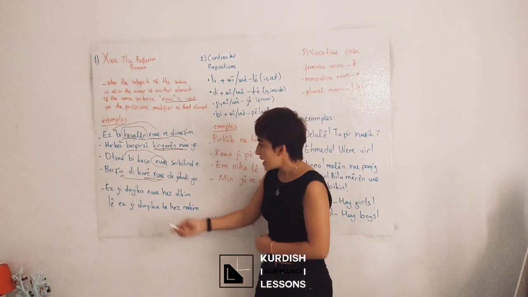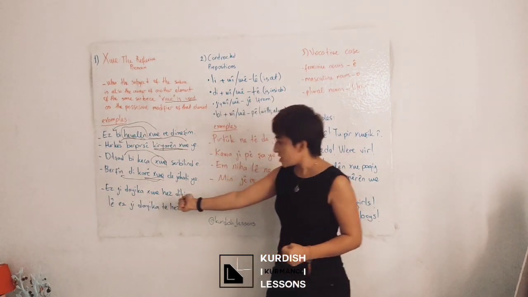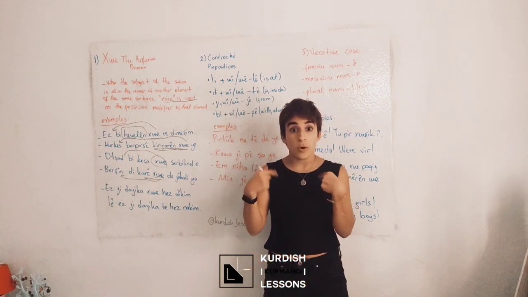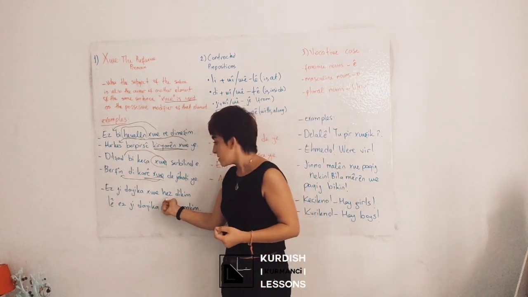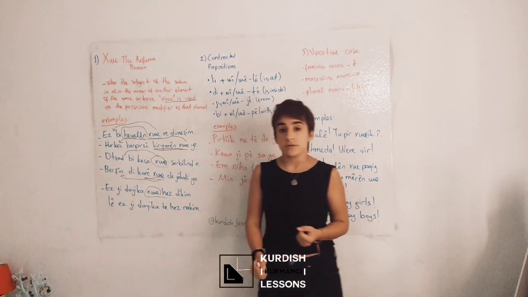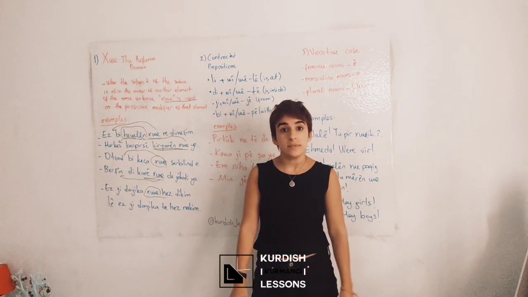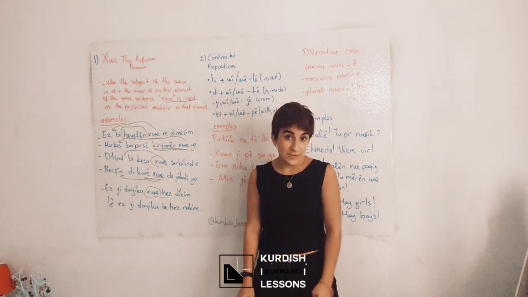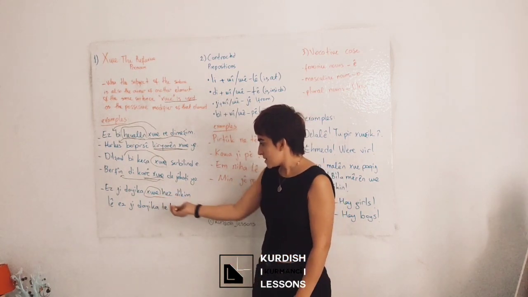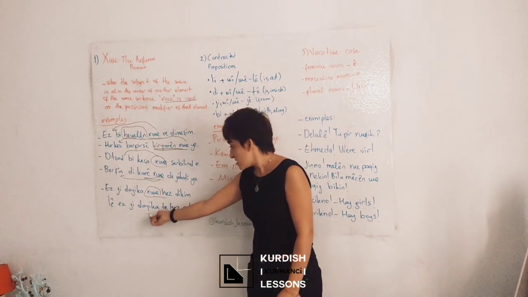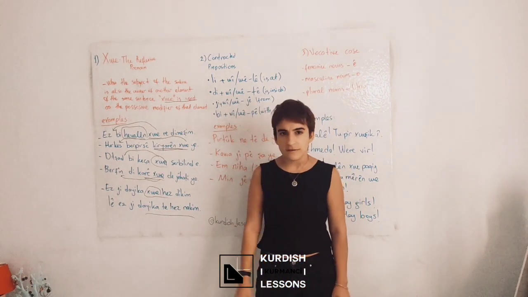Okay. And the next one says "Ez dayîka xwe hez dikim." I love my mom. I love my own mom. Okay, mom is mine. That's why it is "xwe". If it was "Ez dayîka te hez dikim", it would be I love your mom. The continuation of the sentence says "lê ez dayîka te hez nakim." I don't love your mom.